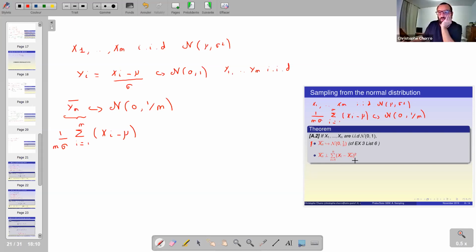So if I do the same for this one, I know what X̄n is in my situation. So I can apply this result to say that (1 over n sigma) times the sum for i equal to 1 to n of (Xi minus mu) will be independent of a term that I will write here.